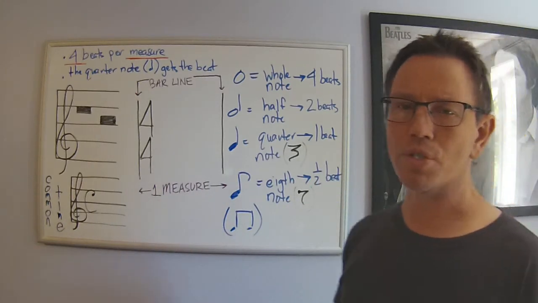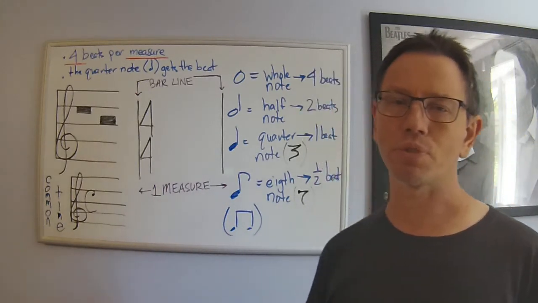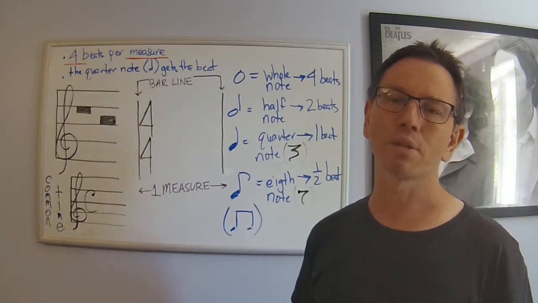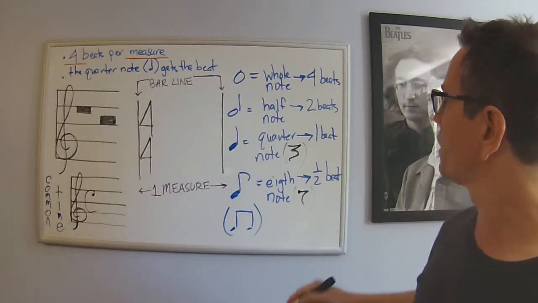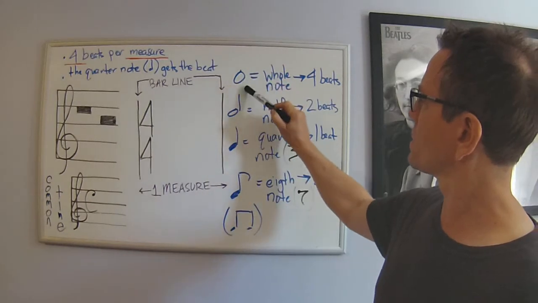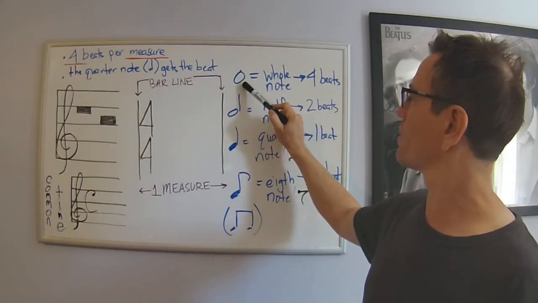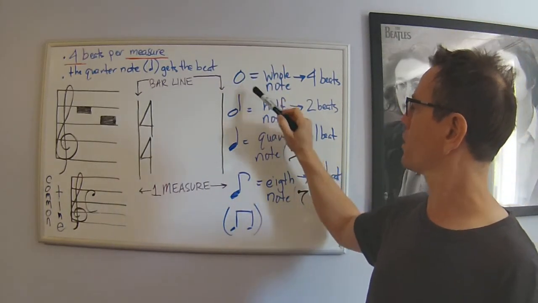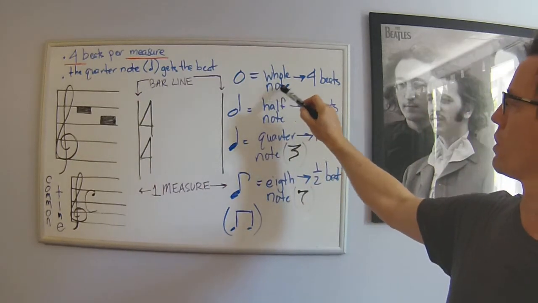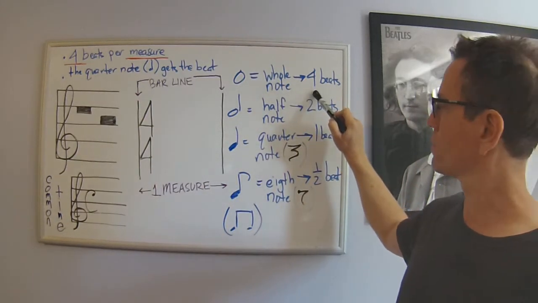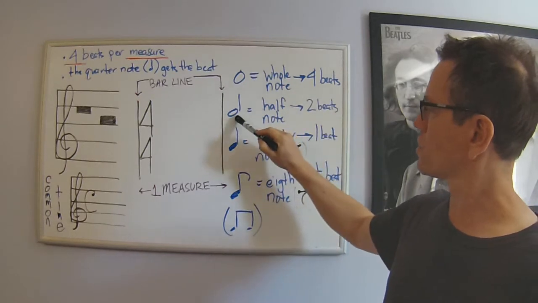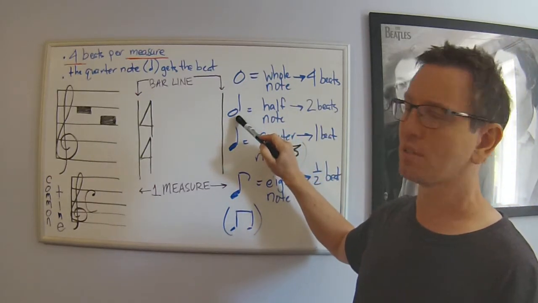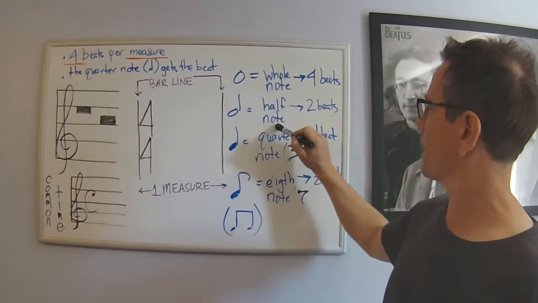Now, you'll need to know just some basic symbols to let you know when to play and when not to play. So when you see this circle that's not filled in, that's called a whole note. And a whole note is going to get 4 beats. A circle not colored in with a stick on it is a half note.